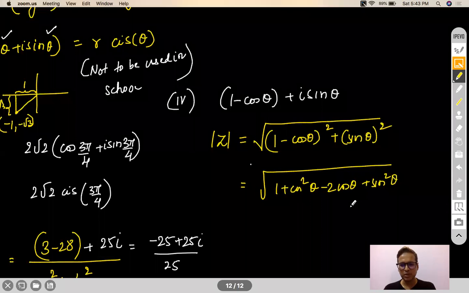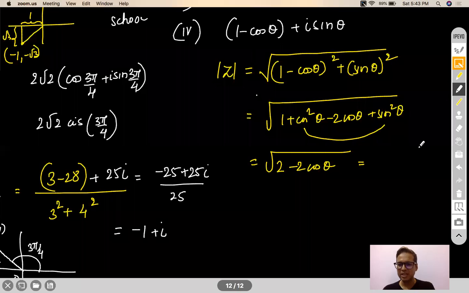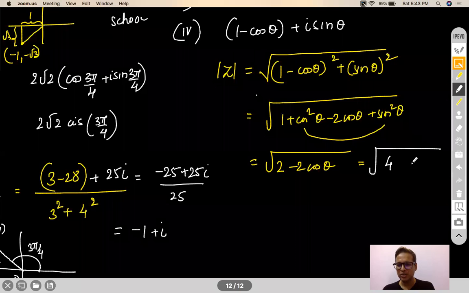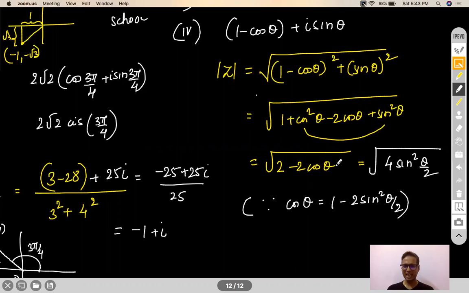Cos square plus sine square will become a 1. So it will be 2 minus 2 cos theta. And this will become under root of 4 sine square theta by 2. Now don't ask me how. It is because cos theta is 1 minus 2 sine square theta by 2. Remember your half angles formula. I'm using that over here.